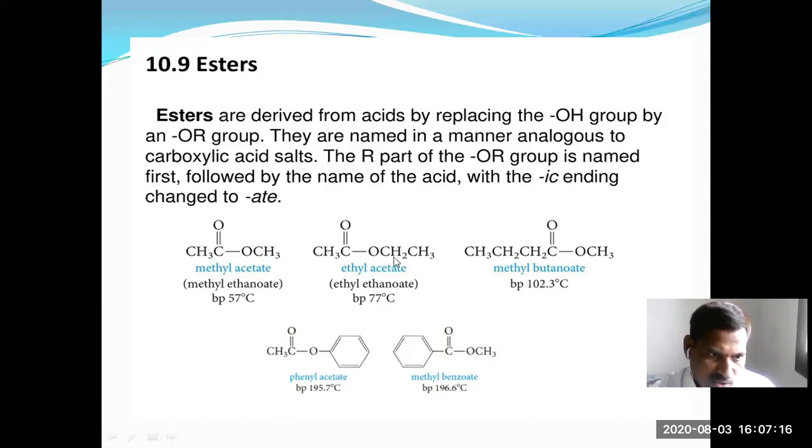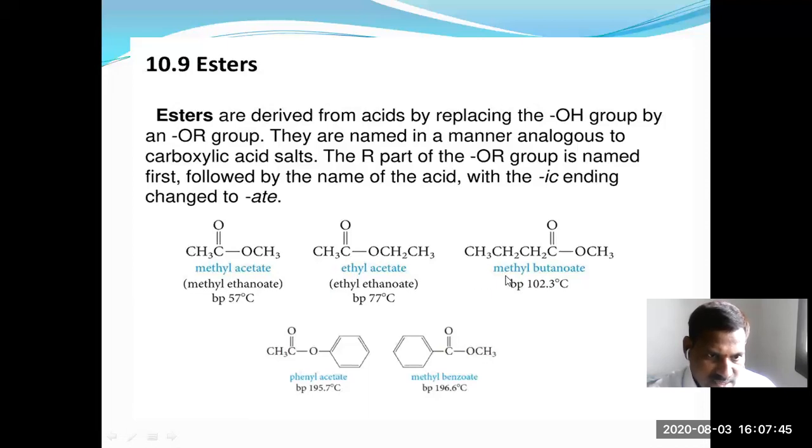So first the R part of the OR group is named. The R is an ethyl group, that's why ethyl, followed by the name of the acid, ethanoic acid. The ic ending is changed to ate, so the name of this compound is ethyl acetate.